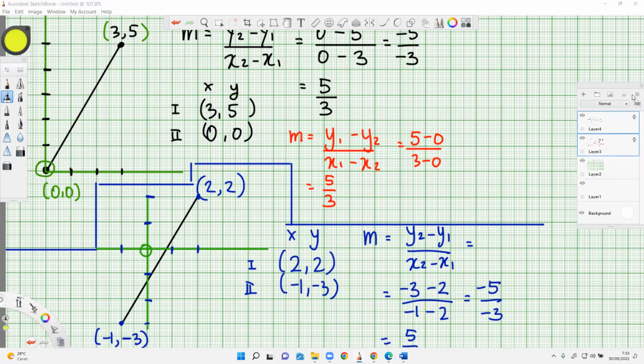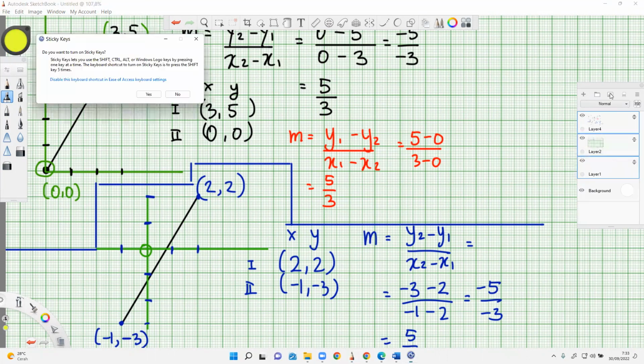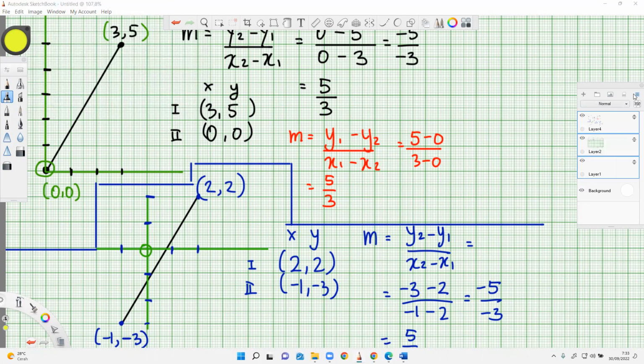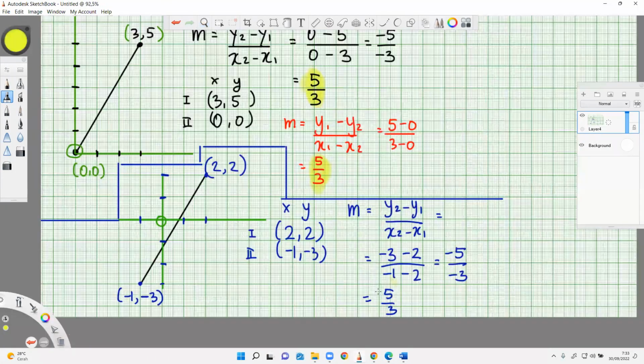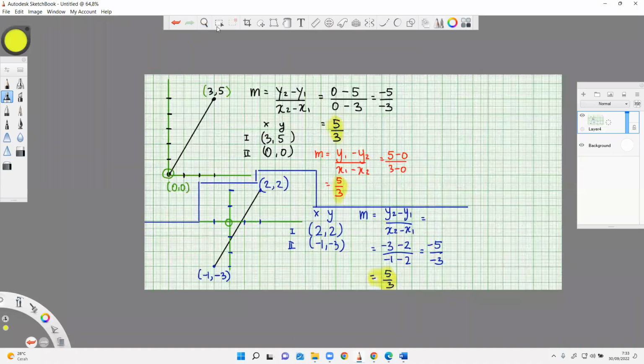And you might ask, where is the C? We know that the line equation is y equals mx plus c, right? It's proven same, guys. So I'll show you what C means. Copy this first to use.